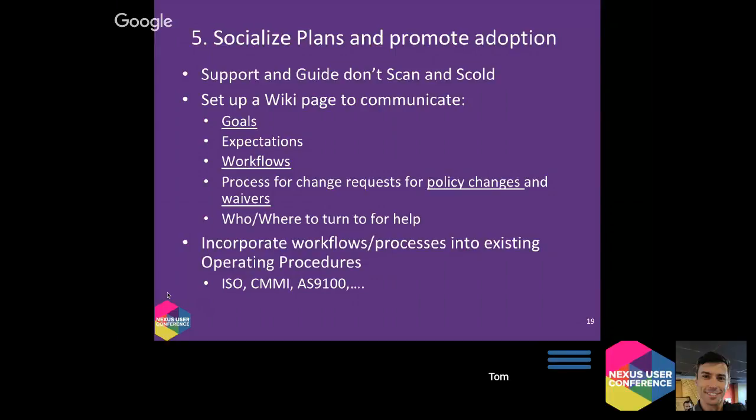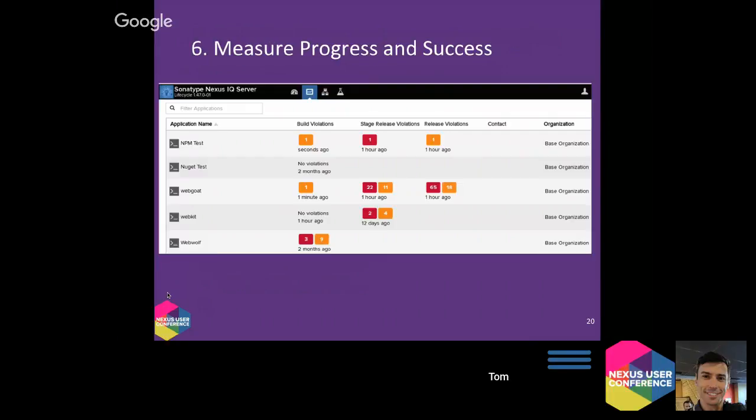If your governance is based on ISO 9001 or 27000 or CMMI or some other set of management systems or processes, then don't have the remediation process live in a vacuum. Incorporate those all together so that the DevSecOps community has a consistent set of operating procedures and processes to work on.